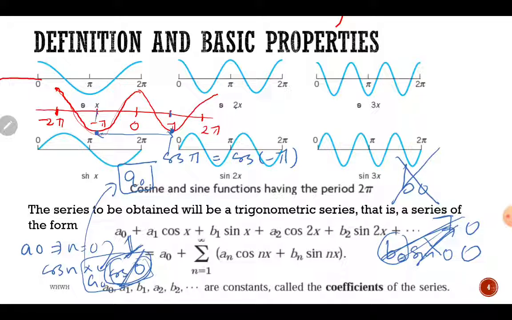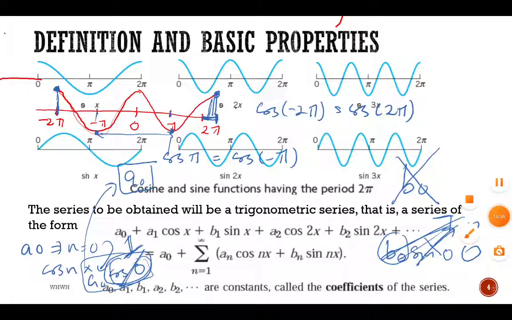Sama juga dengan negative 2 pi, negative 2 pi kat sini, this is 2 pi. So value dia sama, maknanya cos negative 2 pi sama dengan cos 2 pi. So from here, kita boleh conclude that cos is an even function.